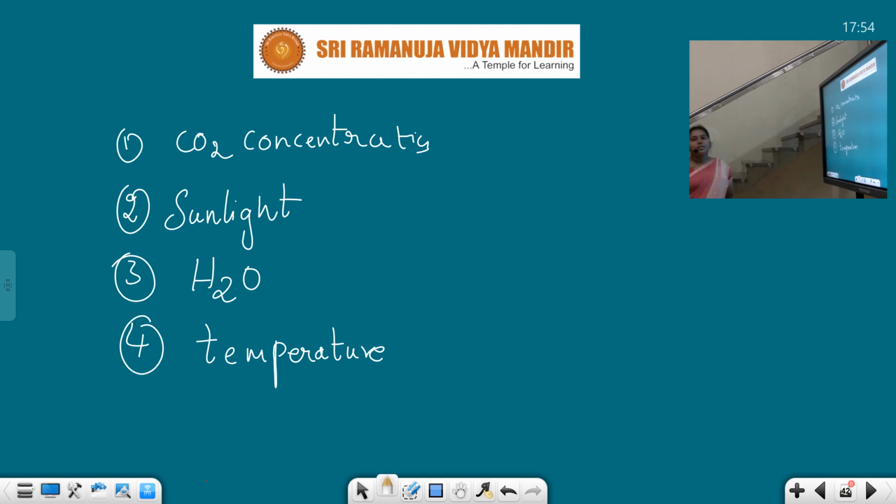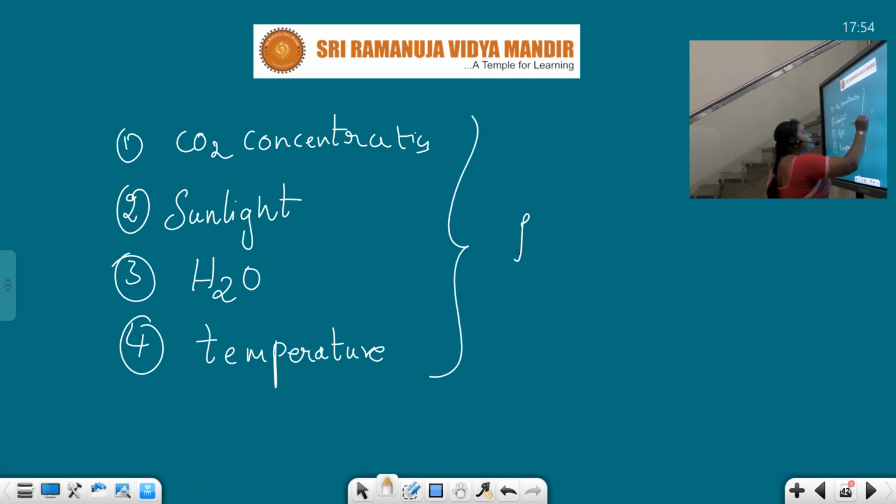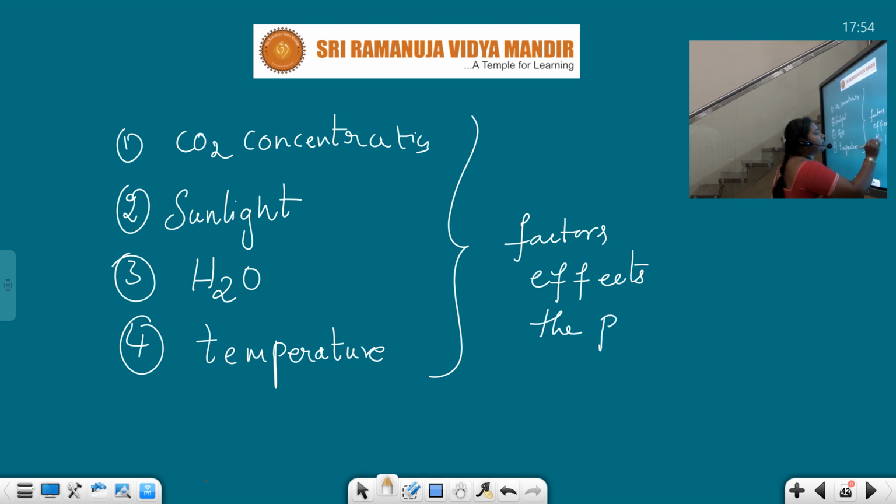All these factors affect photosynthesis. So all these four things affect photosynthesis, right?